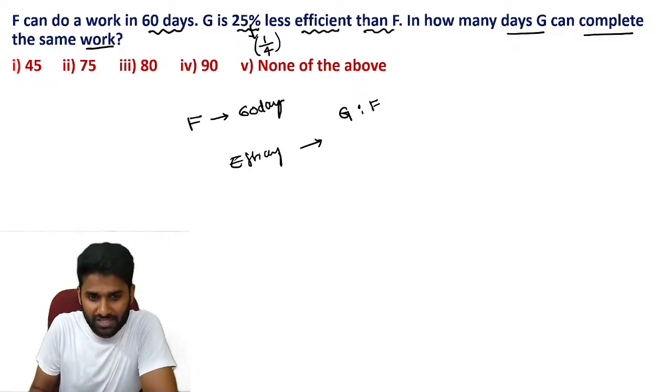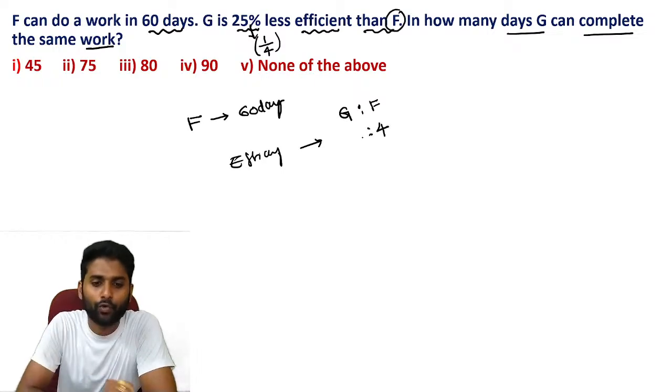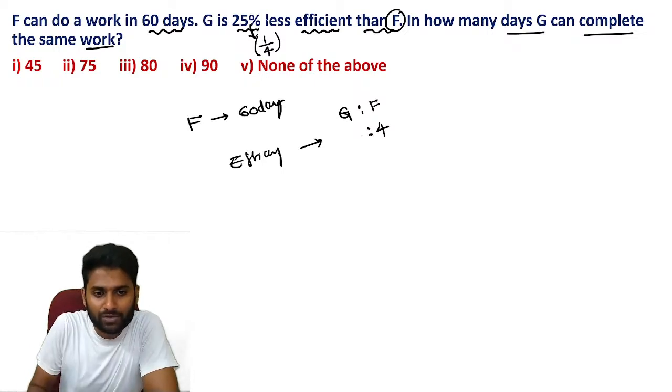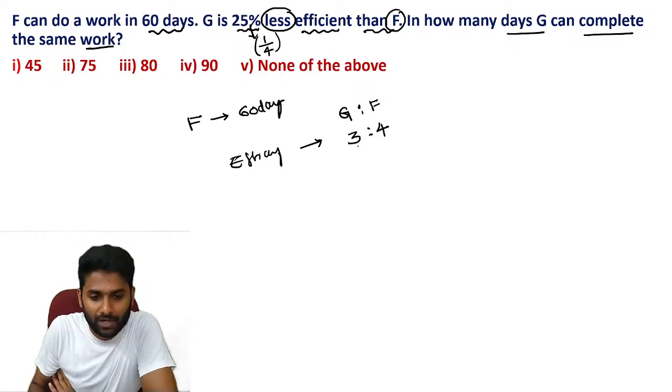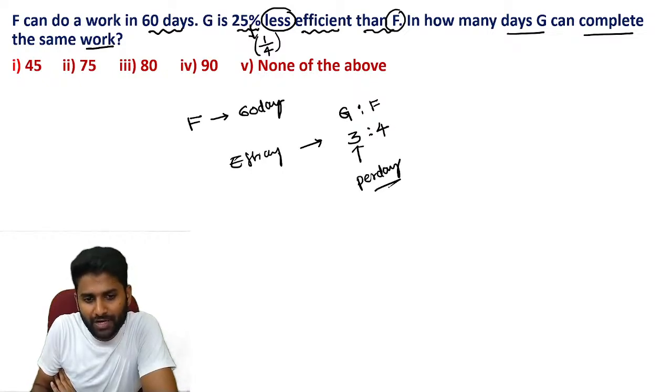Now here the denominator is all about F. Let us assume that F can complete 4 units per day. G is 1 unit less, which means G's efficiency is 3 units. Efficiency is per day work.